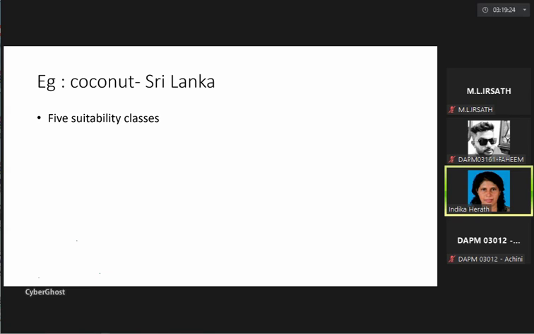Then if someone wants to invest money, let's say someone wants to buy a land and cultivate it, then you can ask the relevant authority. For example, for coconut, you can ask the Coconut Research Institute what their recommendation is, whether this comes under S1, S2, S3 or S4, or N1 or N2.